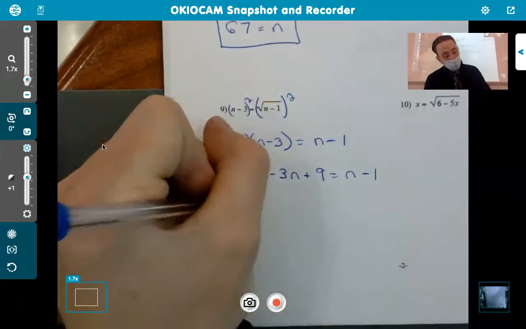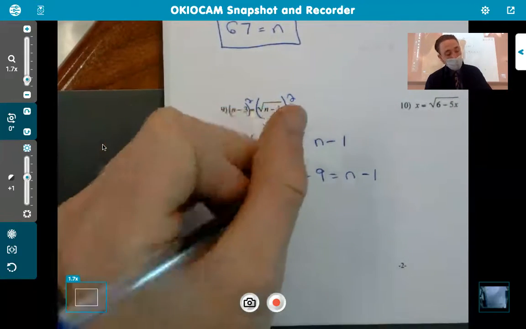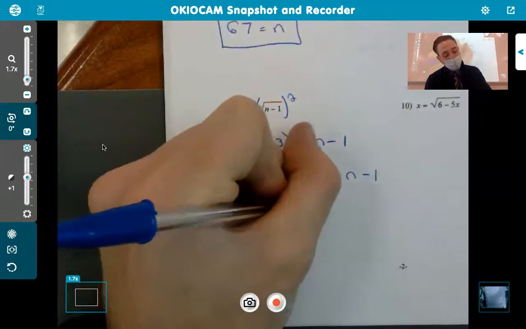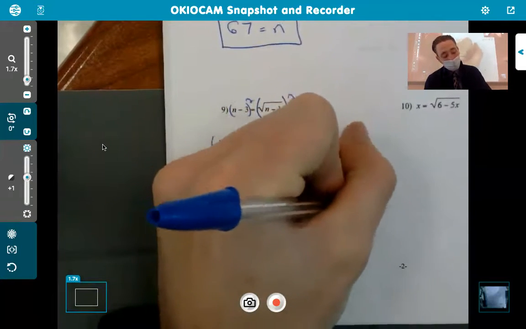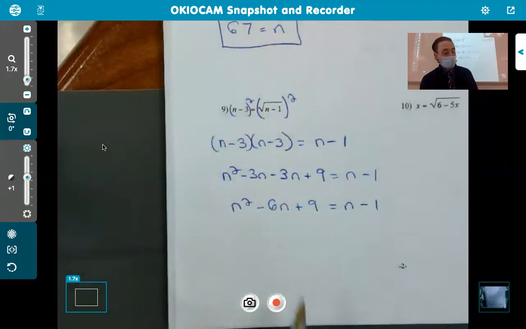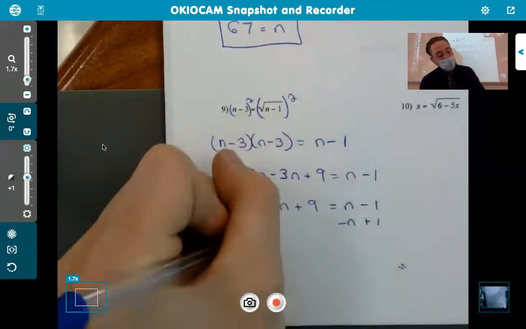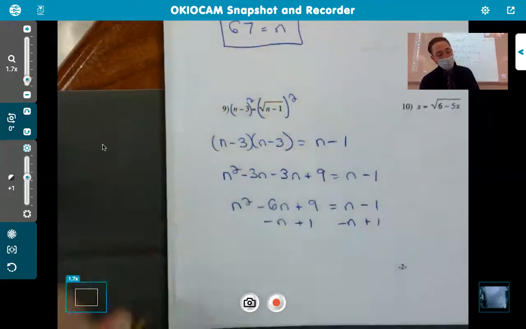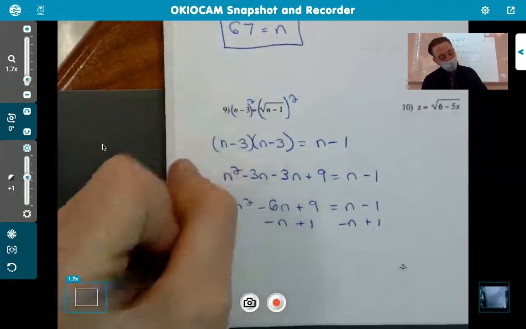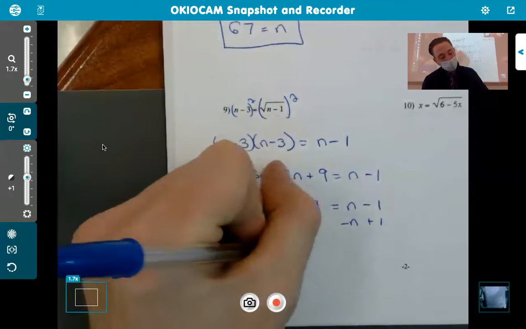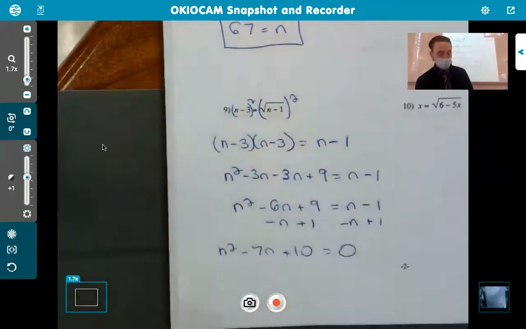So on the left-hand side, this will be n squared minus 6n plus 9 equals n minus 1 after combining like terms. And then I'm going to subtract the n and add the 1. I'm going to do that 2 steps at once. So I'll get n squared minus 7n plus 10 is equal to 0.